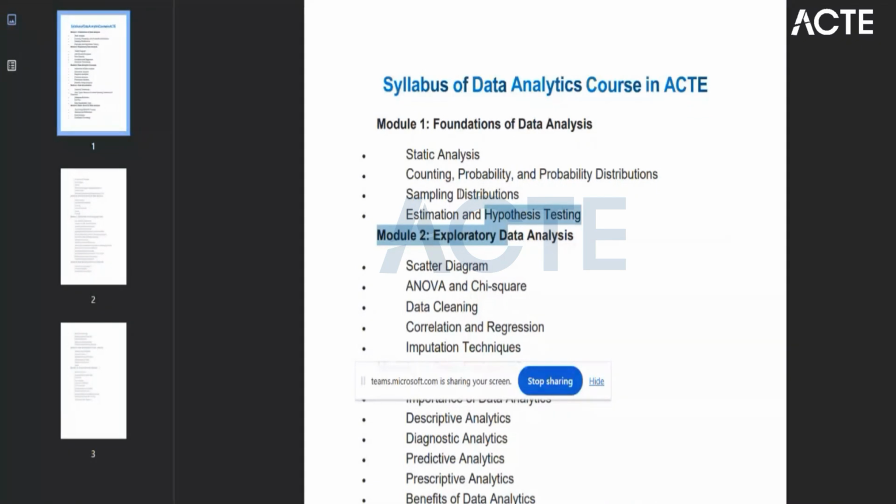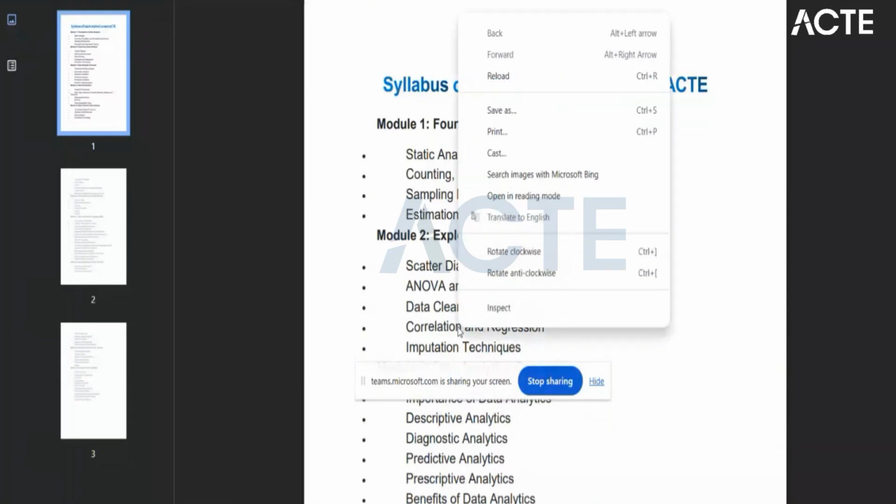Once that is done, we will jump to correlation and regression, which are also very important topics. These we are going to cover in our next session.